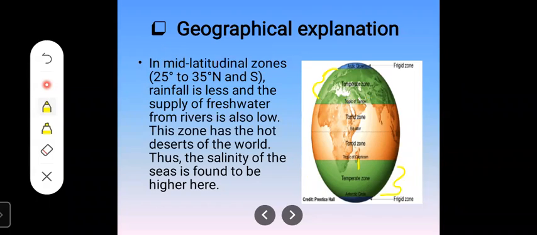Now in this part, students, the rainfall is less in this region, so the supply of fresh water is also less in this part. Then in this region the deserts can be seen.